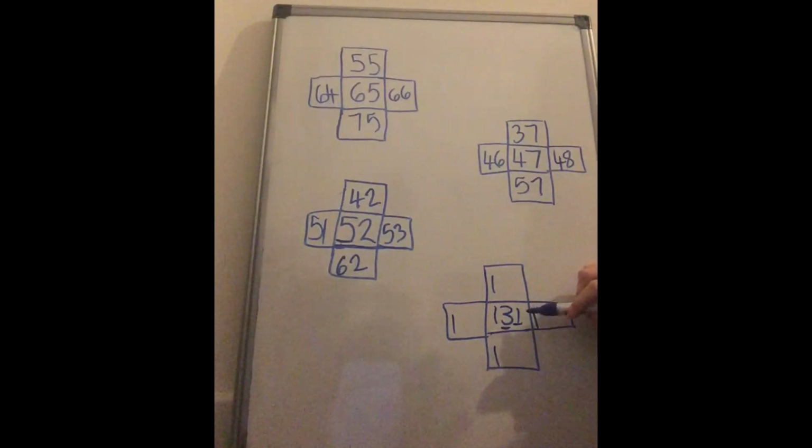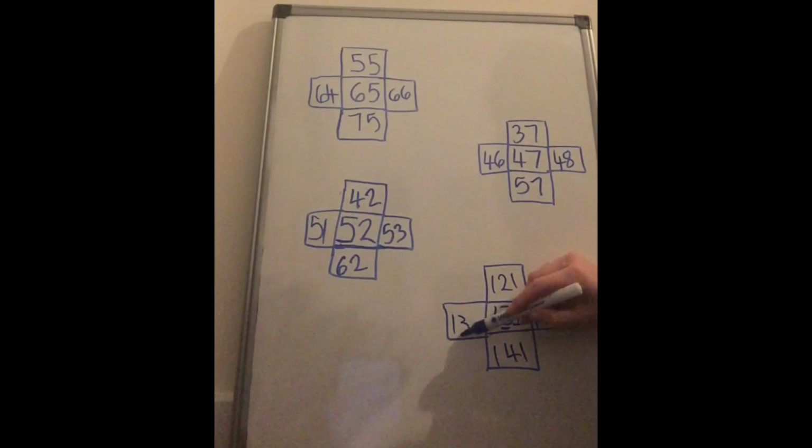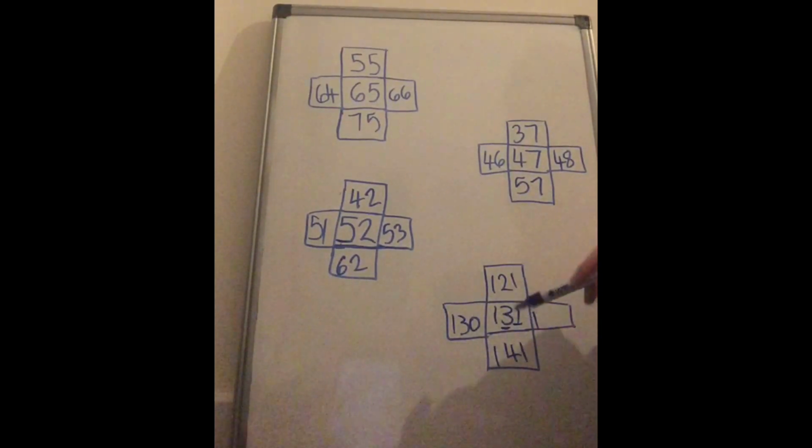Then you look at the 31, 10 less is 21, 10 more is 41, so it actually is 121, 131, 141. When you go this way, it is now 130. Now we're using our own logic for this because we do actually know that multiples of 10 go right at the end, and we also know that the 100 square only goes up to 100, not past it.